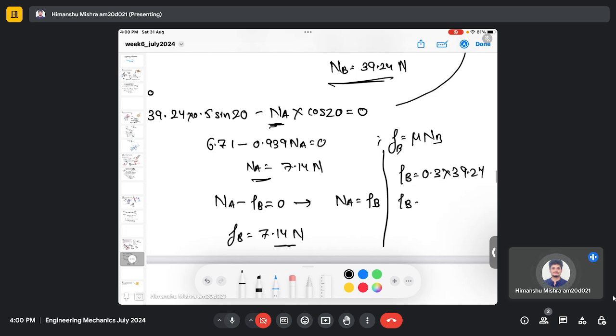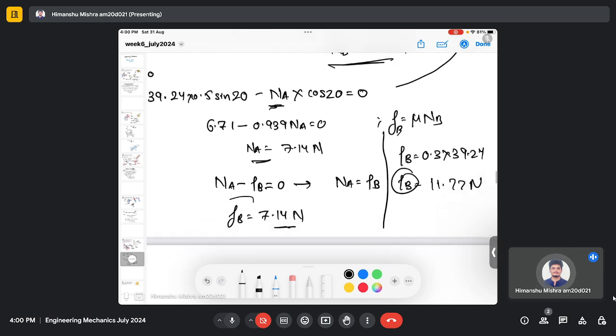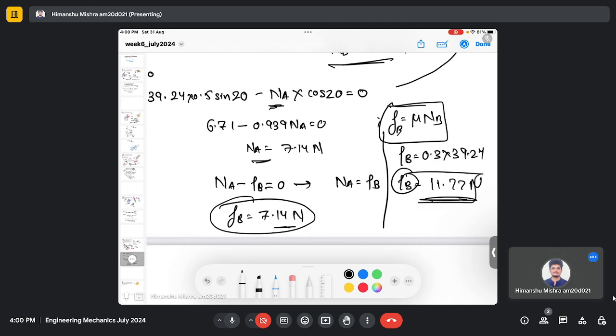So FB will be 11.77 Newton. So this is the maximum friction force. We found the friction force using the equilibrium method, which is 7.14. But when we use this expression, we got the maximum friction force FB, which is 11.77 Newton.